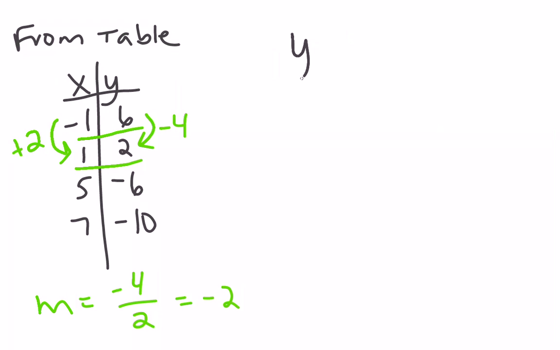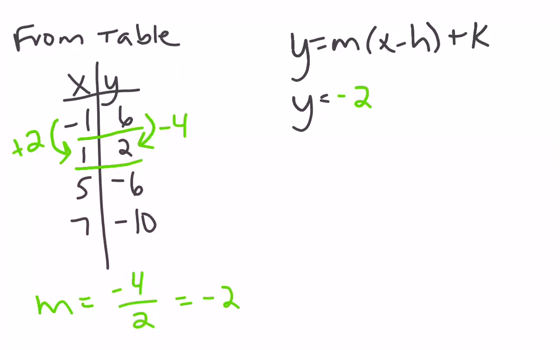We're using my formula, y equals m(x minus h) plus k. So my m that I just found is going to be -2, parentheses, x, and now I need to decide what point I'm using. So I'm going to use the first point. So that means I am using the point -1, 6. So that's my h, and that's my k.